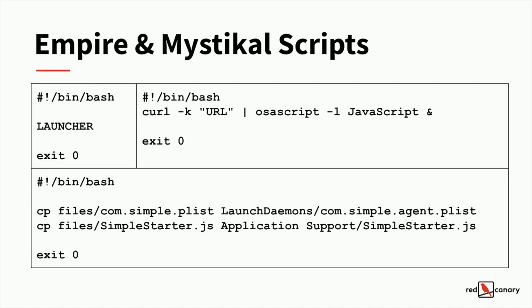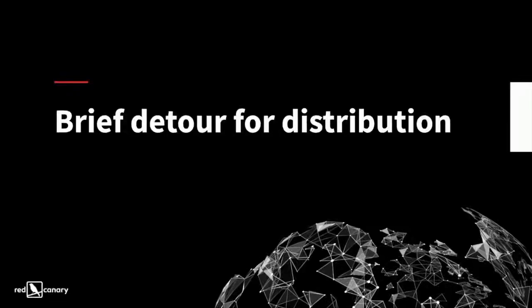So at the top left is literally the template that Empire uses. Top right is the template that Mystikal uses for most of its pre-install, post-install scripts. And then if you really want to get fancy, the simple installer that actually lays down files in Mystikal is the one that gets used on the bottom.